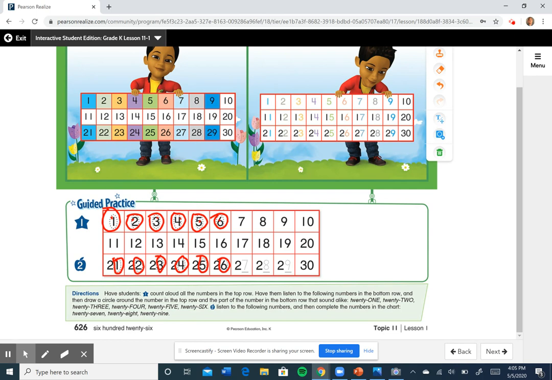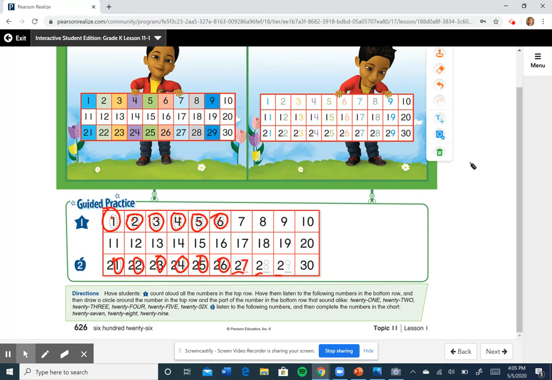Now, number 2 says, listen to the following numbers and then complete the numbers in the chart. 27, 28, and 29. So I hear, remember 20 means that first 2 in the tens place. And then 7. Right here.